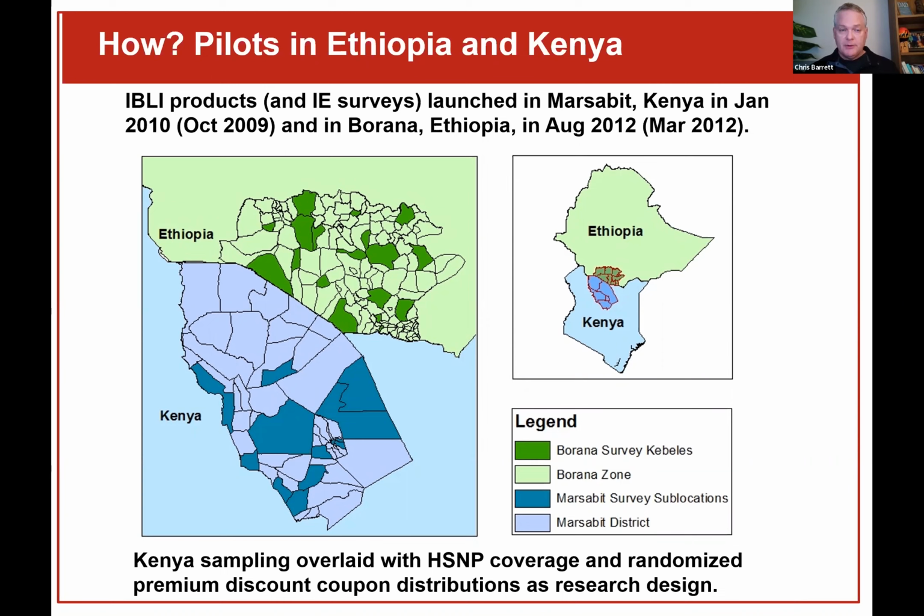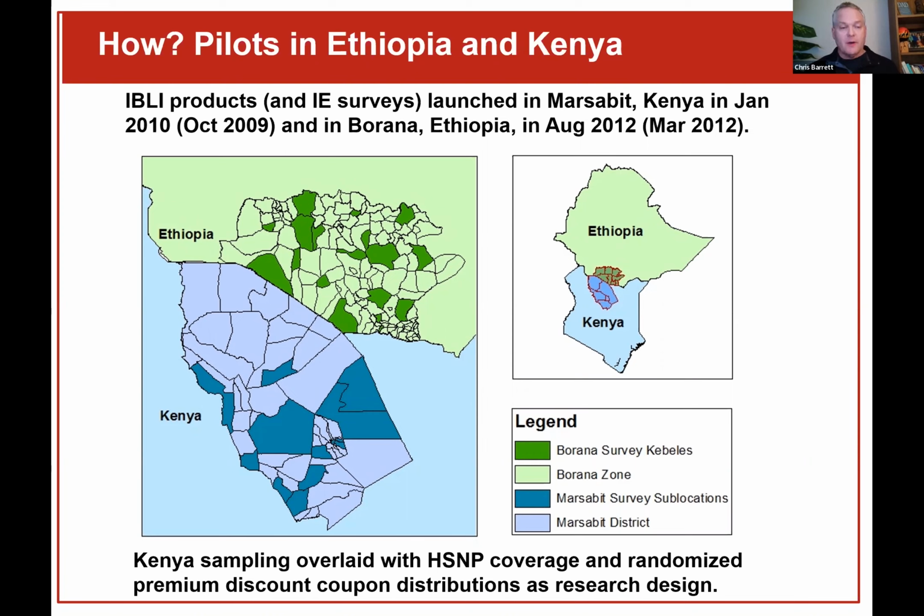And we intentionally built into those launches a research design where we overlaid in Kenya the Hunger Safety Nets program, the cash transfer program the government of Kenya was launching at the same time. We overlaid the HSNP coverage with areas in which we would randomize discount coupons for purchase of IBLI.